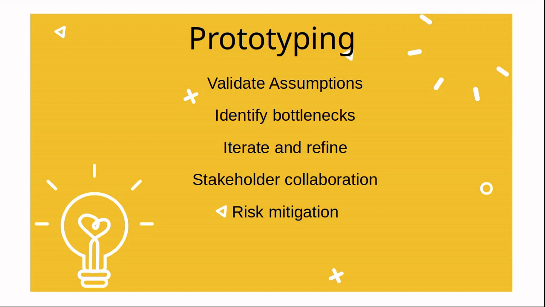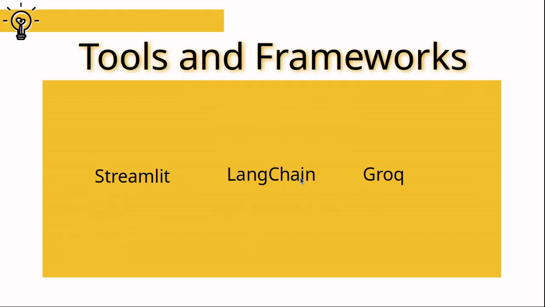So it enables us to test the sentiment analysis capabilities, identify potential performance bottlenecks, and gather feedback from stakeholders before committing to full-fledged application development. So prototyping is an essential step in the development of AI applications as it promotes iterative refinement, risk mitigation, and stakeholder collaboration. Okay, so we'll start with an introduction to the app.